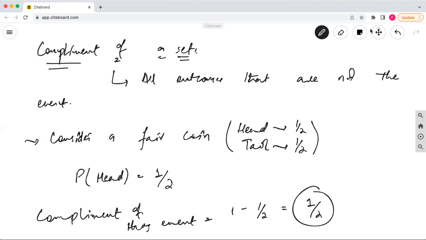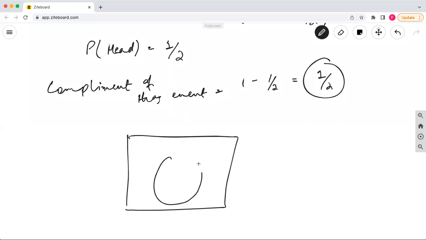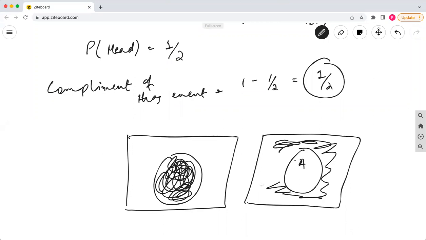And if you want to see it in terms of a Venn diagram, because it is easier to visualize the scenario in a Venn diagram while discussing the probability portion, for example, if this is event A, and I want to discuss the complement of this event, that will be anything except this A. This will be the complement portion.